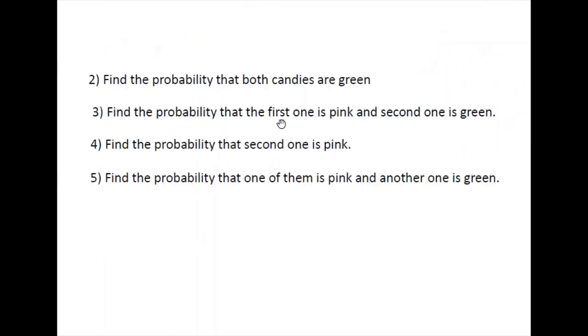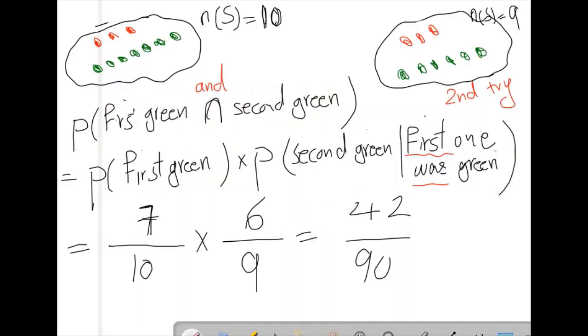Find the probability that the first one is pink and second one is green. First one pink, second green. So first one is pink and second green.